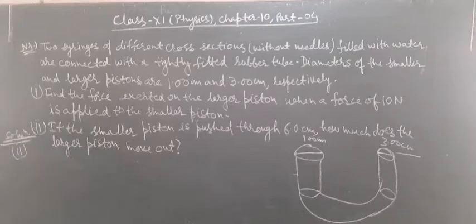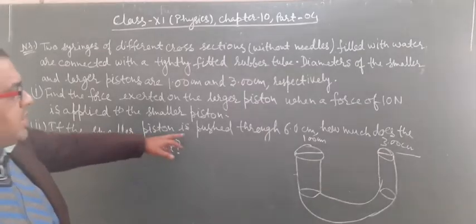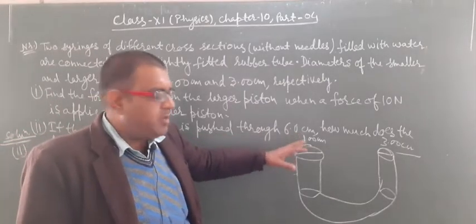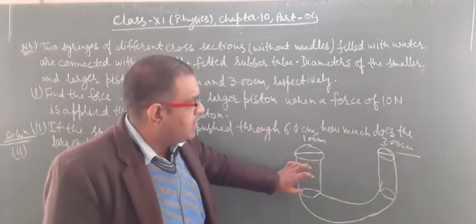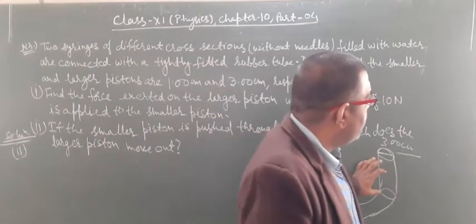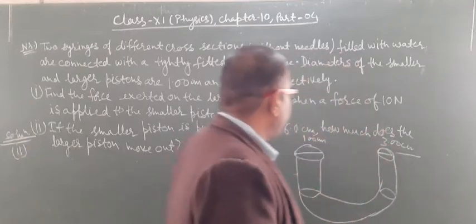If the smaller piston is pushed through 6 centimeter, how much will the larger piston be lifted? Here the smaller piston is pushed through 6 centimeter. Whatever volume is covered by the smaller piston, the same volume is lifted by the larger piston.